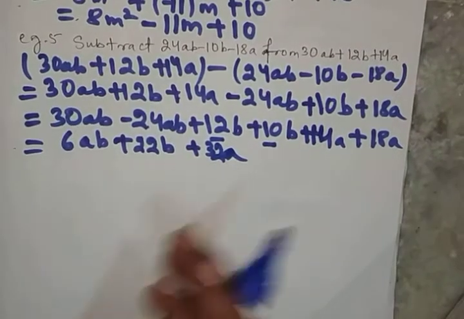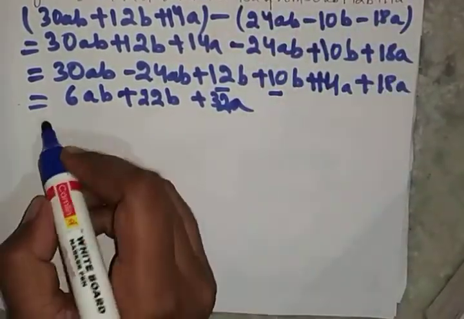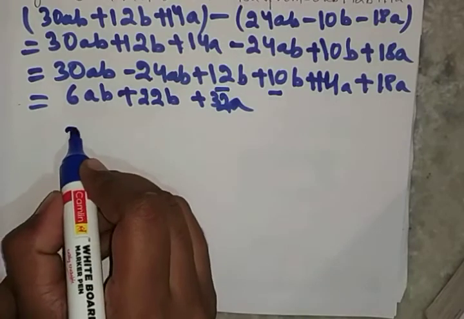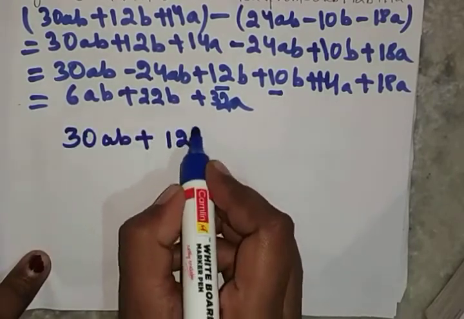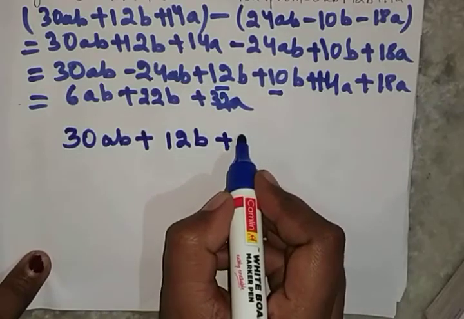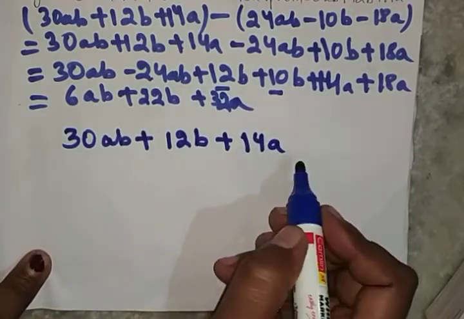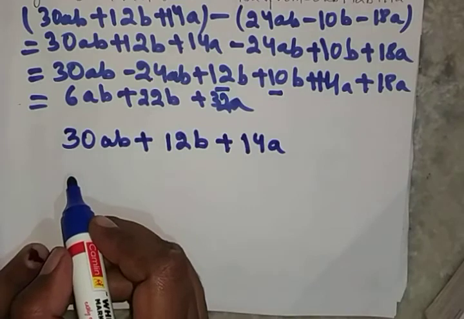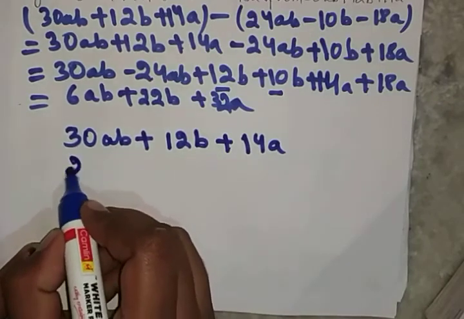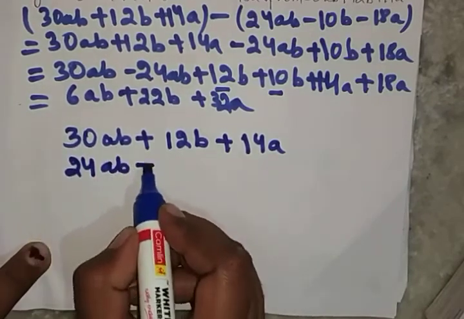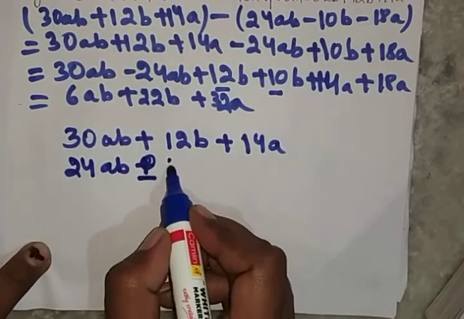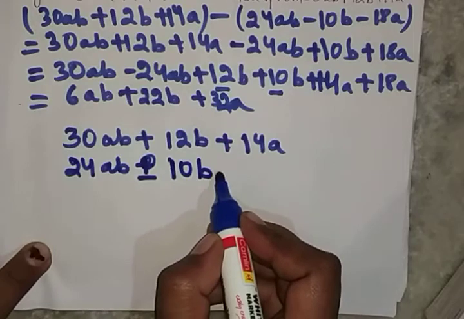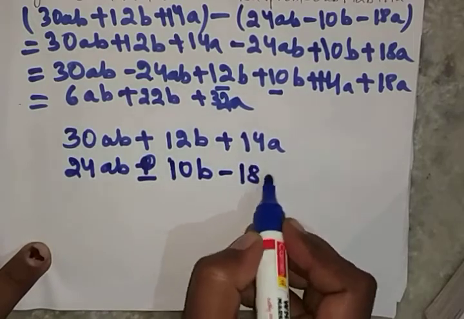So what will we do? We'll write 30AB plus 12B plus 14A. Next, below that, 24AB, sorry, that is not plus, minus 10B minus 18A.